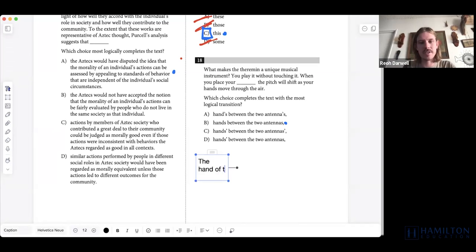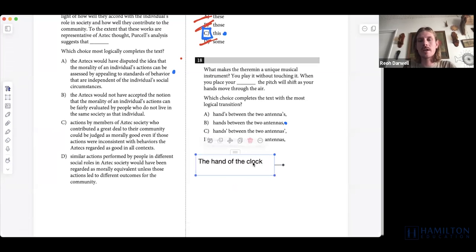So the hand of the clock, right? To use the same sort of word here, right? So the hand of the clock versus the clock's hand, right?